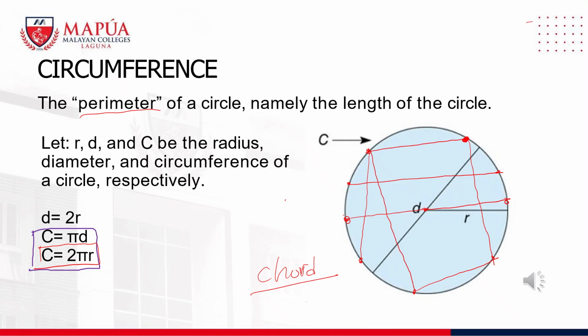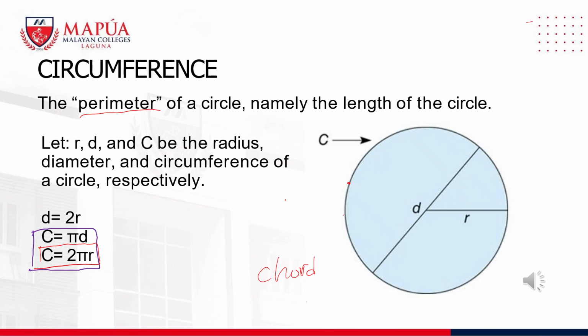Okay? Now we have another term. If there's a line that intersects at one point on the circle, like for example this point, and there's a line passing through that point only, it intersects only at this point.